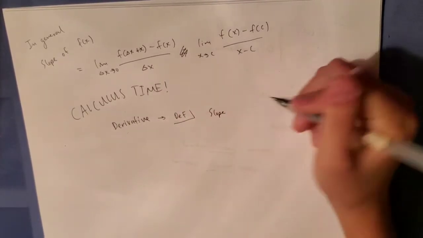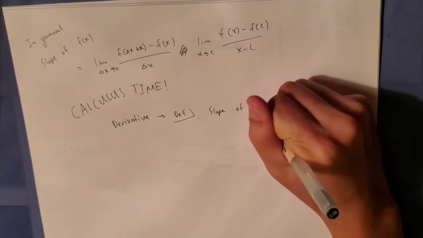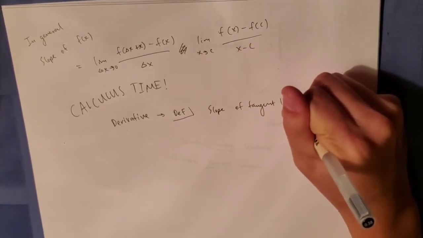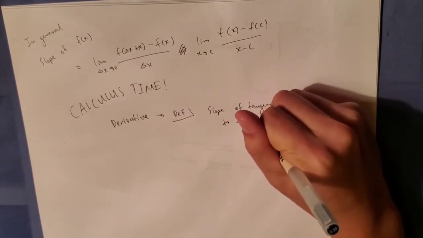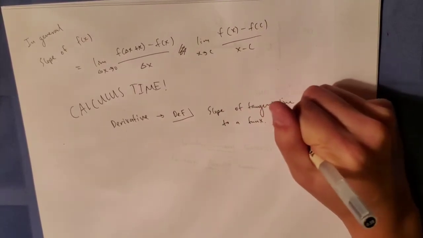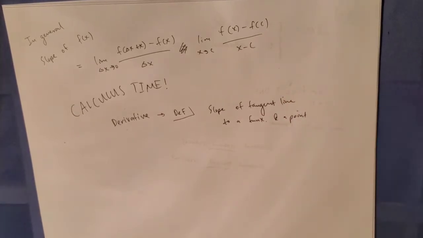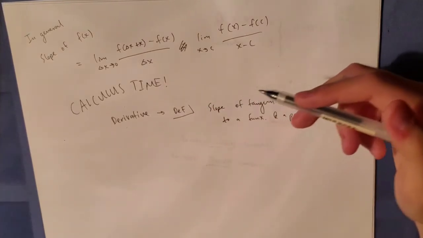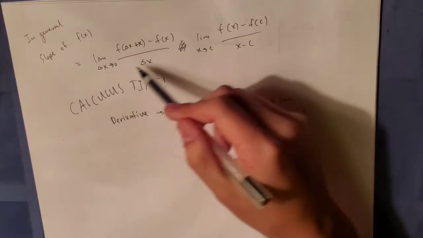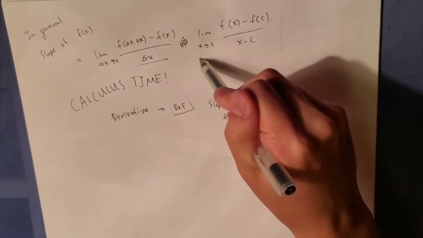Slope of tangent line to a function at a point. Okay. So as we already said, I already wrote out the two ways you could express the derivative. This is one way, and this is the other.